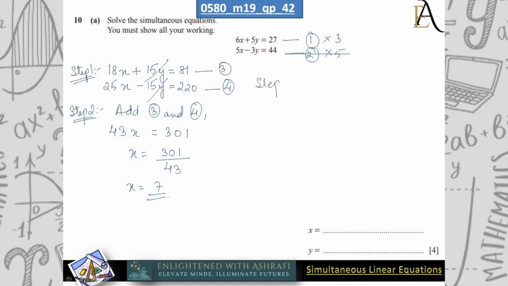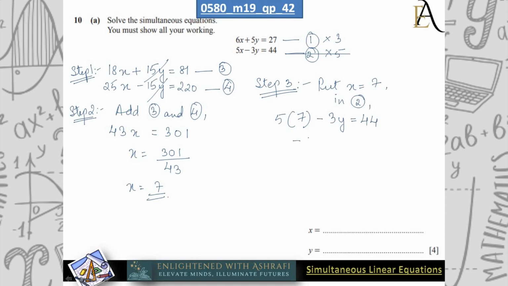Now let's use this value. So in step 3, we'll put x equals 7 in the simplest equation, where we can use the value of x, which is equation 2. In equation 2, it will become 5 multiplied by 7 minus 3y equals 44.